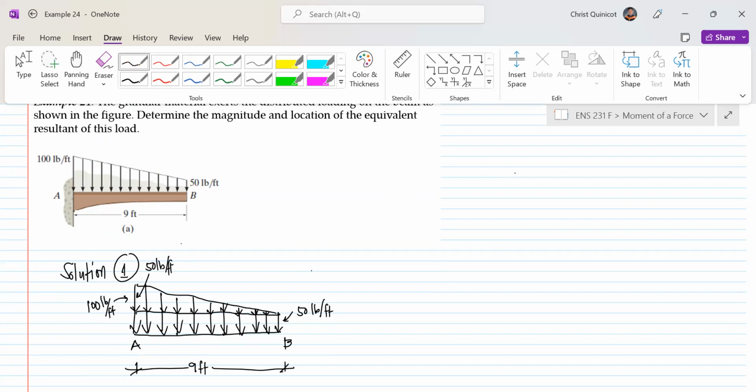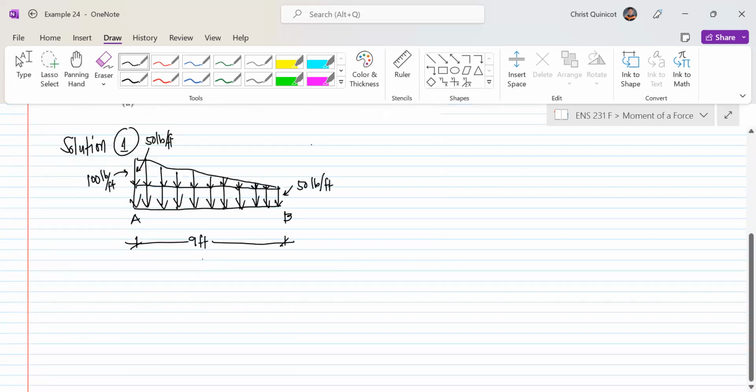So if you guess it right, we will have two forces now: the resultant force of our triangular loading and the resultant force of our rectangular loading. Only then, after we add up those two forces, can we calculate the overall resultant of this kind of loading.